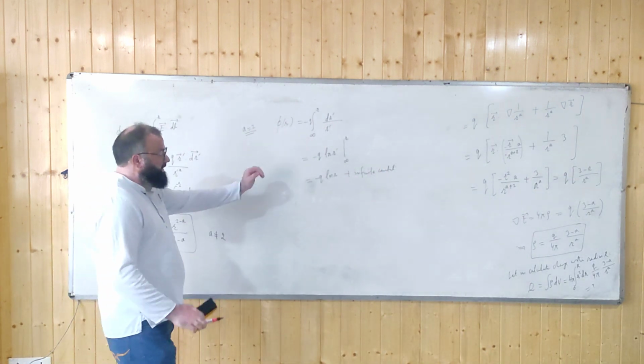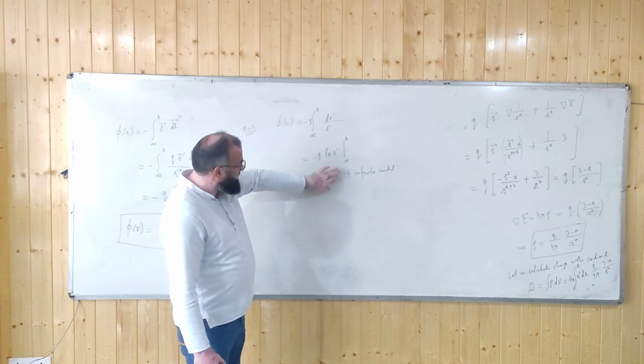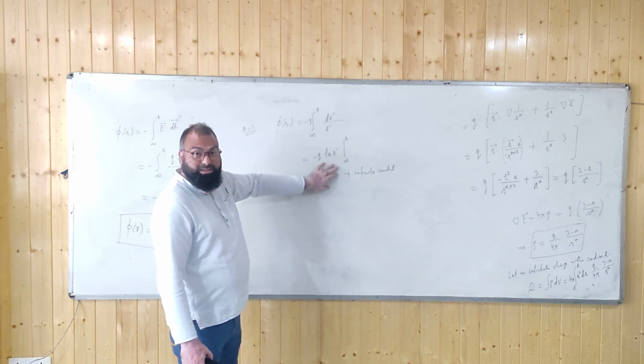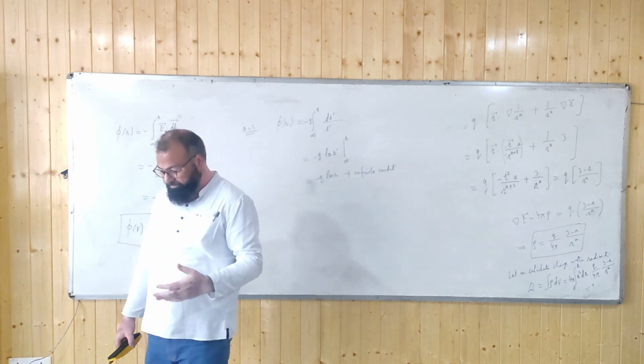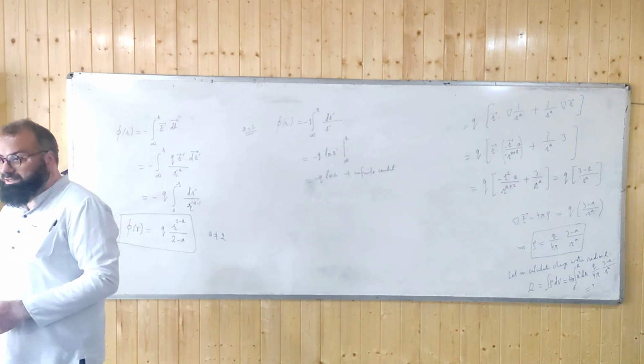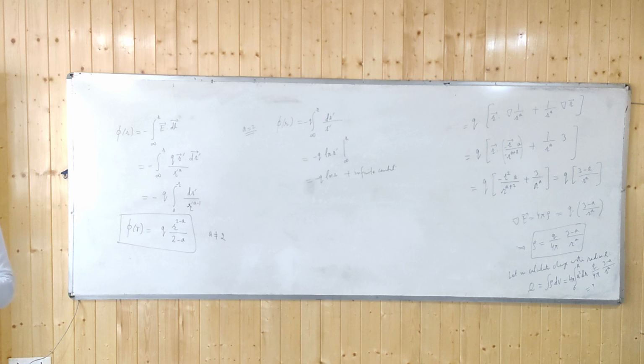So there is a logarithmic contribution, and then actually an infinite constant. It's a puzzling result, but as you know, potential is not an observable quantity. What is an observable quantity? Potential difference. It's only the difference between two potentials that is observable.